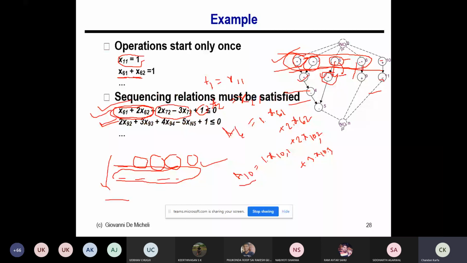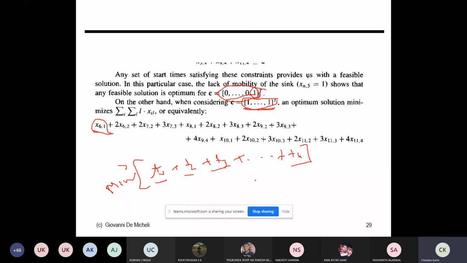Now if I say I want to minimize, and I put the value of C1 as all 1, then in my optimization goal this is the possible value of T1, this is T2, sorry, this is basically T6, right?